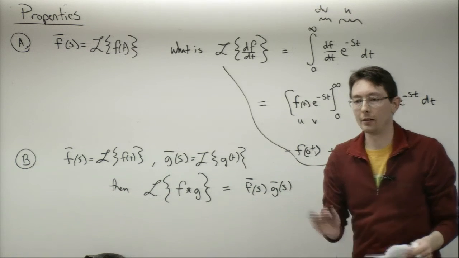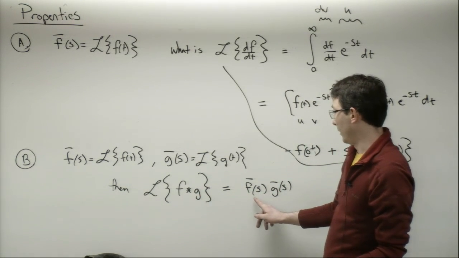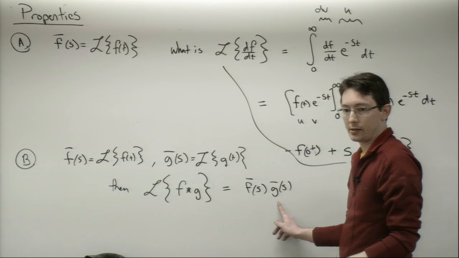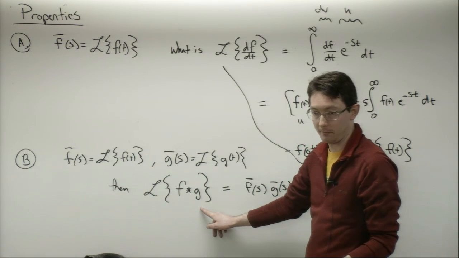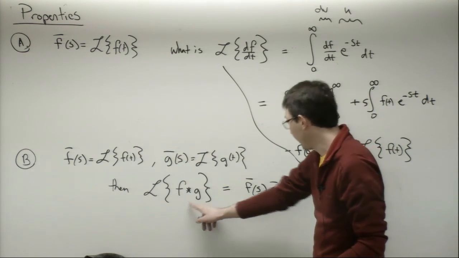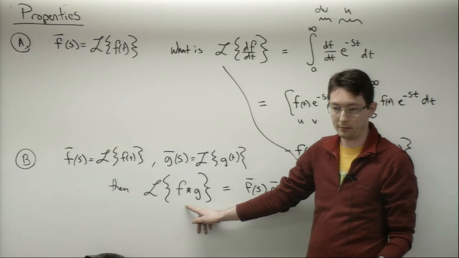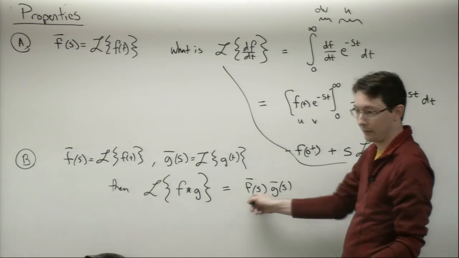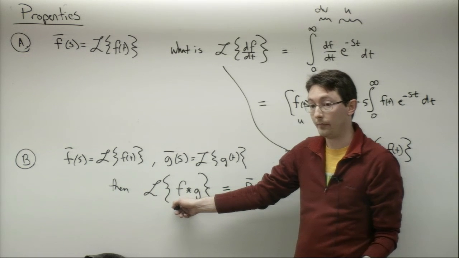I can't overstate this. In the frequency domain, if I multiply two functions, that's like taking the convolution of those two functions in the time domain. Very, very important. Multiplication is a lot easier than doing a convolution integral, right? Pointwise multiplication for every frequency s, much easier than doing this nasty convolution integral.